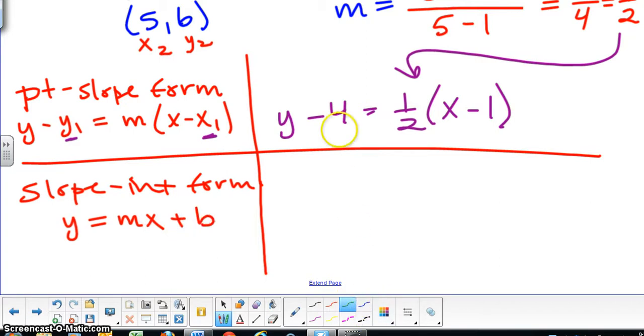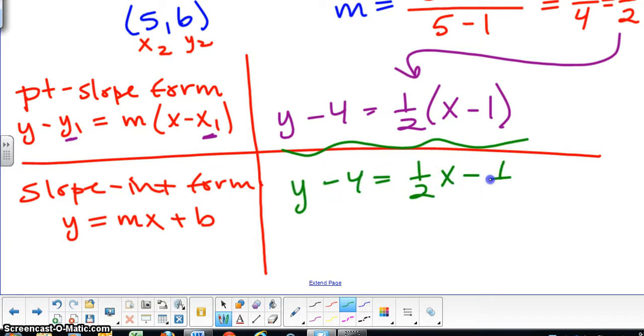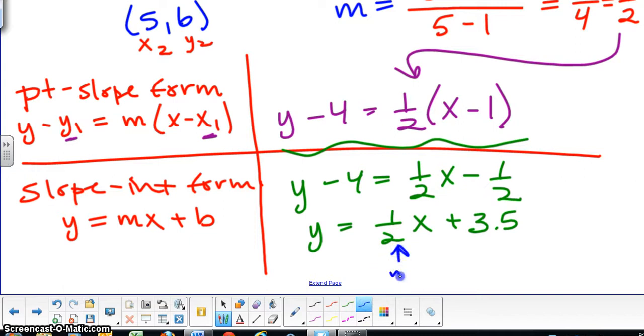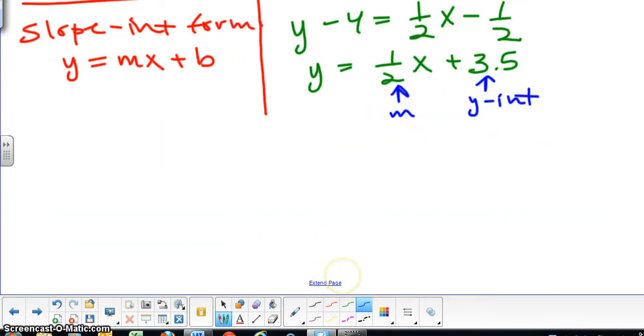So we can take from here y minus 4 equals 1/2 x minus 1/2, and then we can add 4 to both sides. And that would be our slope-intercept form, because here is the slope and this is the y-intercept, which now makes it very nice to graph.